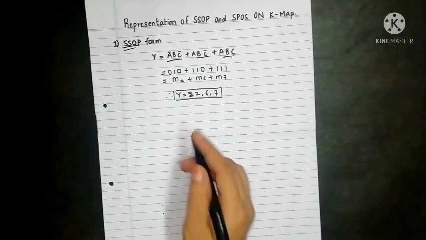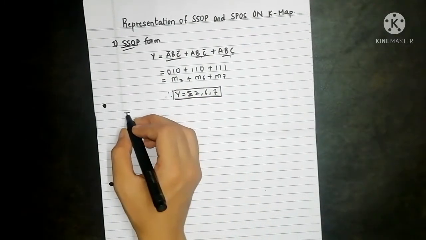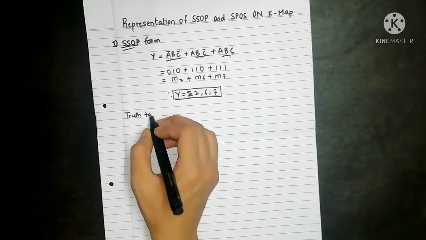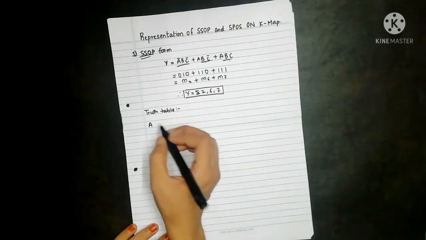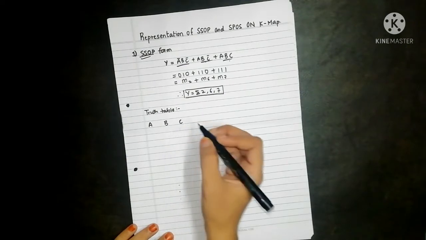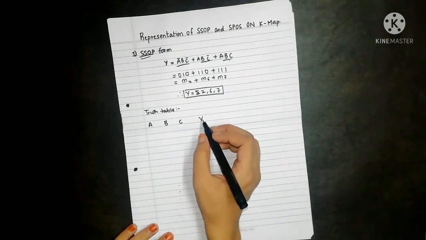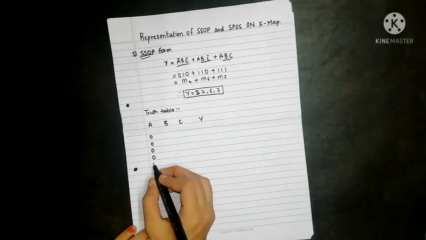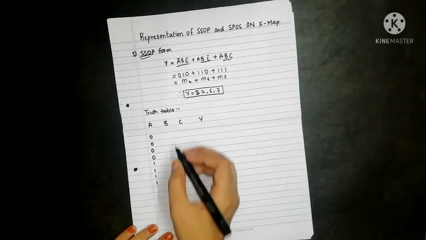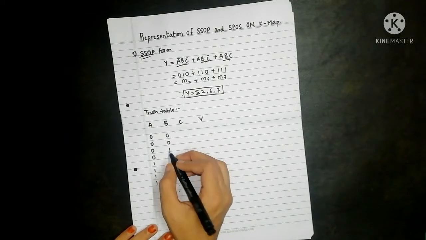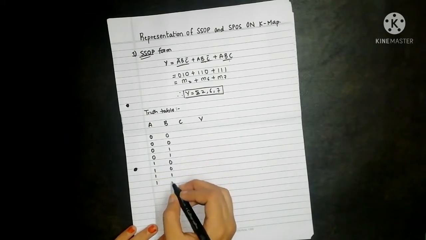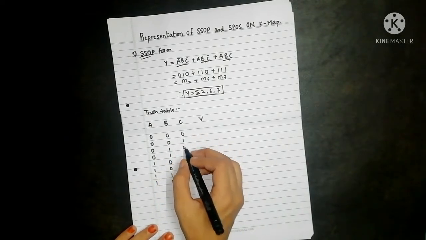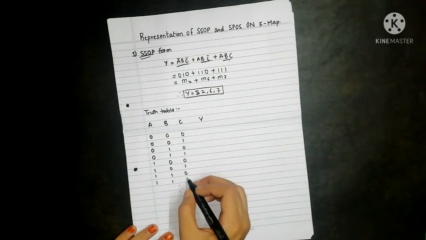Now I will construct a truth table first. So here are my three inputs A, B and C, and my output, that is y. So 0, 0, 0, 0, 1, 1, 1, 1, 0, 0, 1, 1, 0, 0, 1, 1, 0, 1, 0, 1, 0, 1, 0, 1.